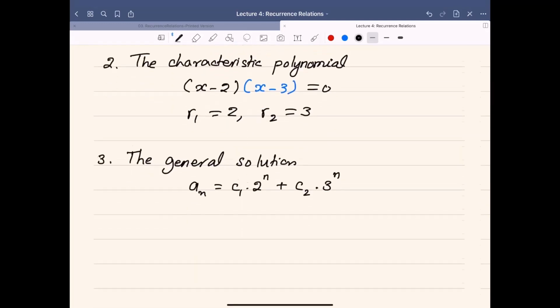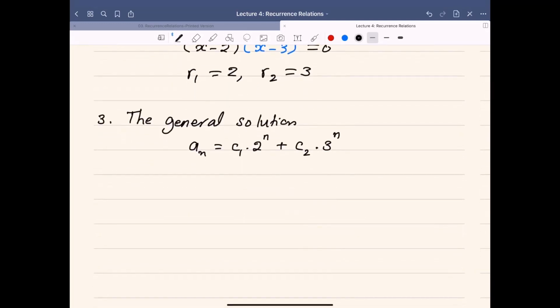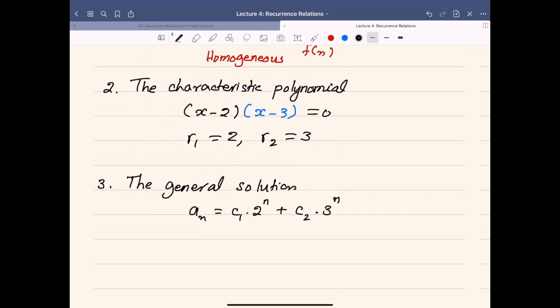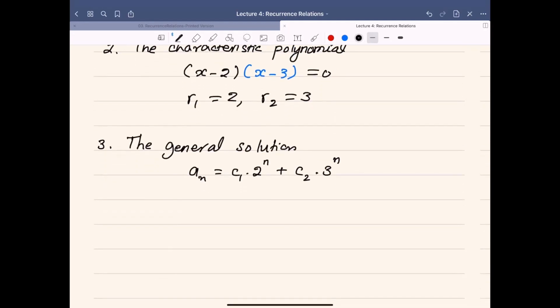Now for finding the constants, we will use two methods. The first method is not in your textbook. The second method is by partitioning the constants or dividing the constants into two parts. One part will be obtained from the roots from the non-homogeneous, which is f of n, and the other one will be obtained from the homogeneous.